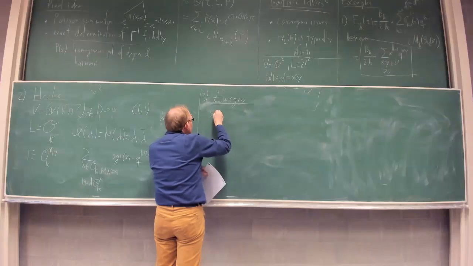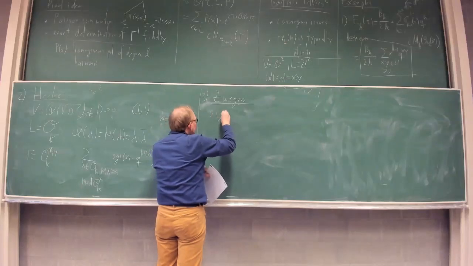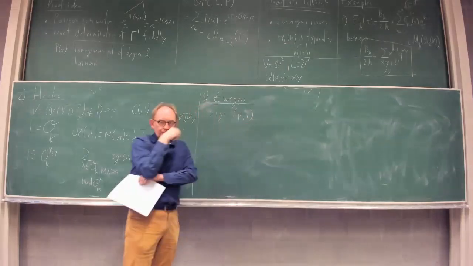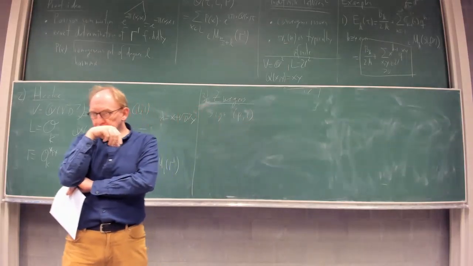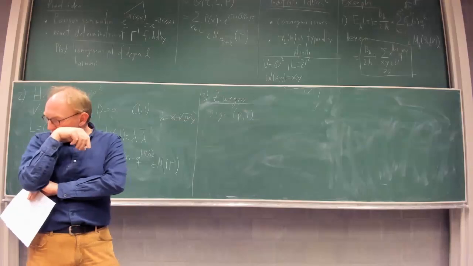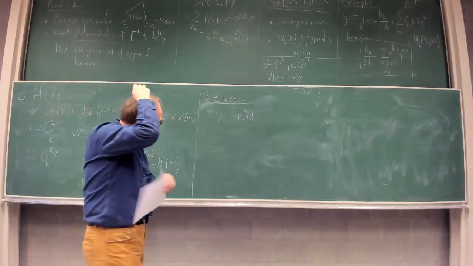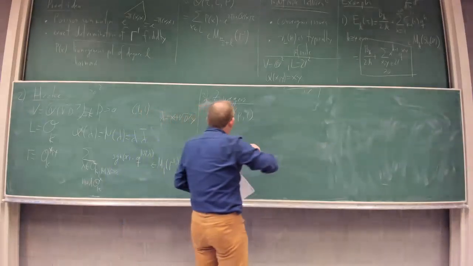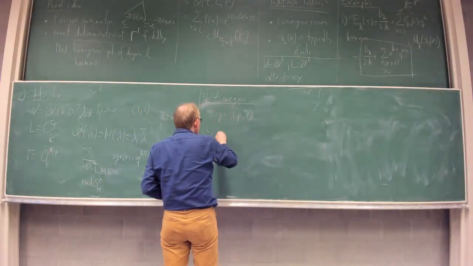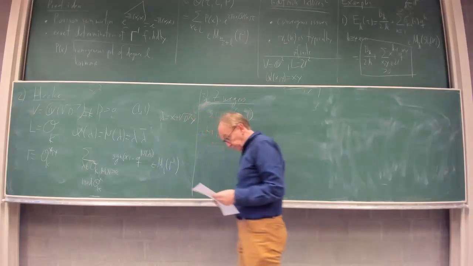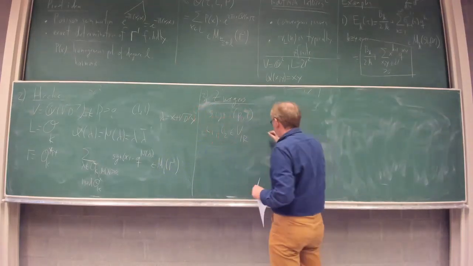So the signature, the number of positive and negative eigenvalues, is (p, 1). And I take two vectors, and they don't have to be rational, of negative length.